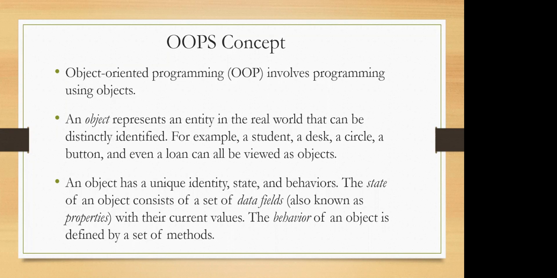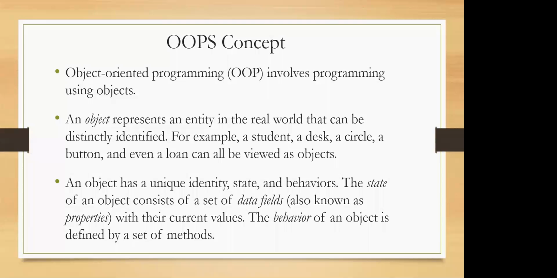And if we talk about mathematics, we can say a figure having four sides. Suppose we have a class of all the figures having four sides. Rectangle can be there, square can be there, rhombus can be there. So we can call it a class of four-sided figures. What will be the object of this class?